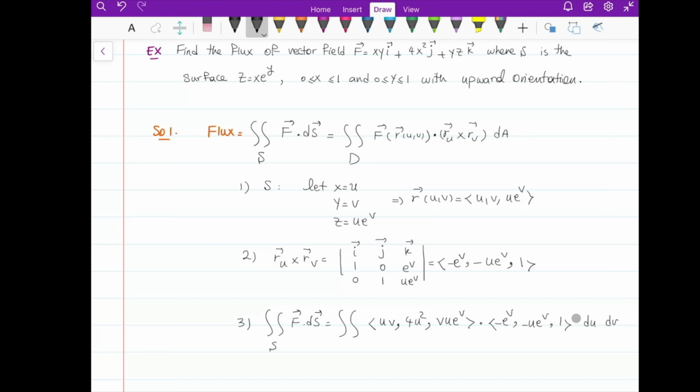I'm going to do du dv, where u, which is my x, is between 0 and 1, and v, which is y in my parameterization, is also between 0 and 1.